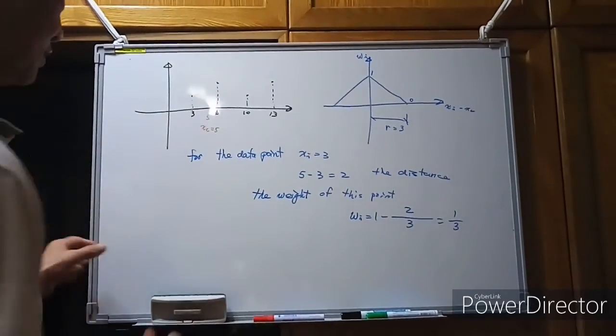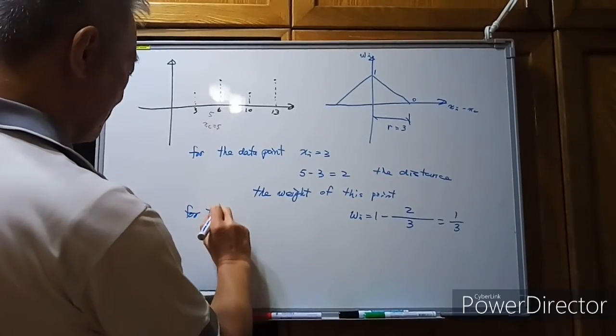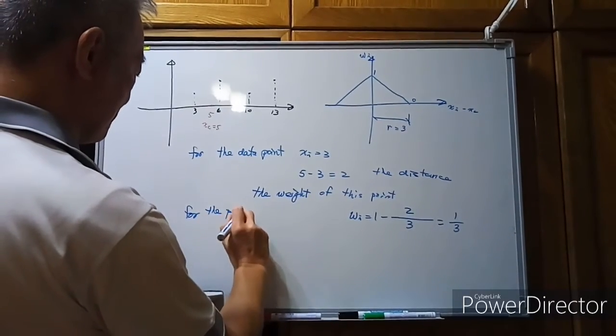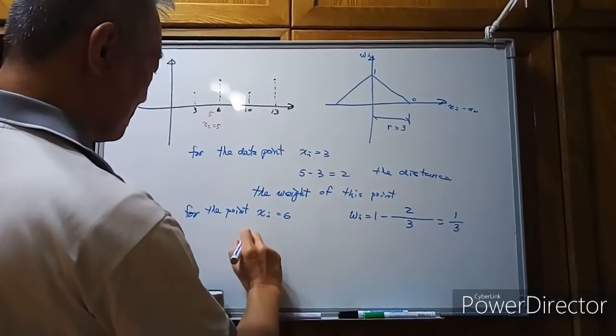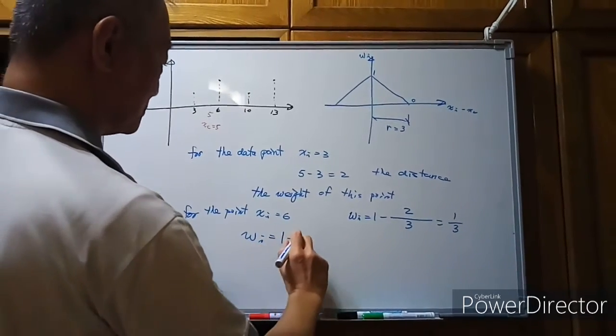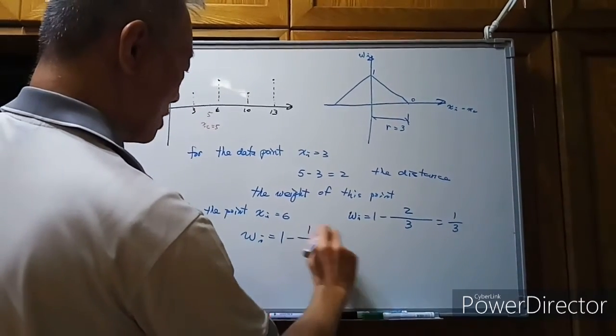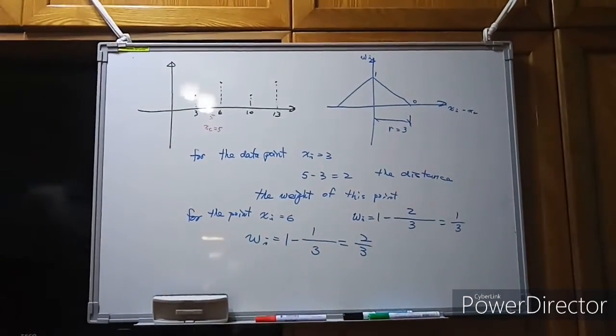And for the point 6, the Wi will be equal to 1 minus 1/3. The weight is equal to 2/3.